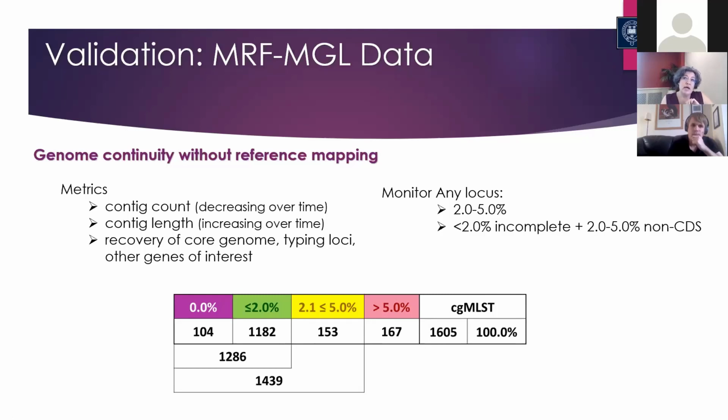And we had a threshold on that of 95%, basically because of the draft nature of the genomes, but also because we wanted to have a little bit of flexibility in understanding what the population biology looked like. We didn't know if all of the genes we were seeing in the relatively small data set we had were core or not. So we needed to have that flexibility to see how it changed over time, because genomes and the population biology itself are quite variable. And we needed to track that.